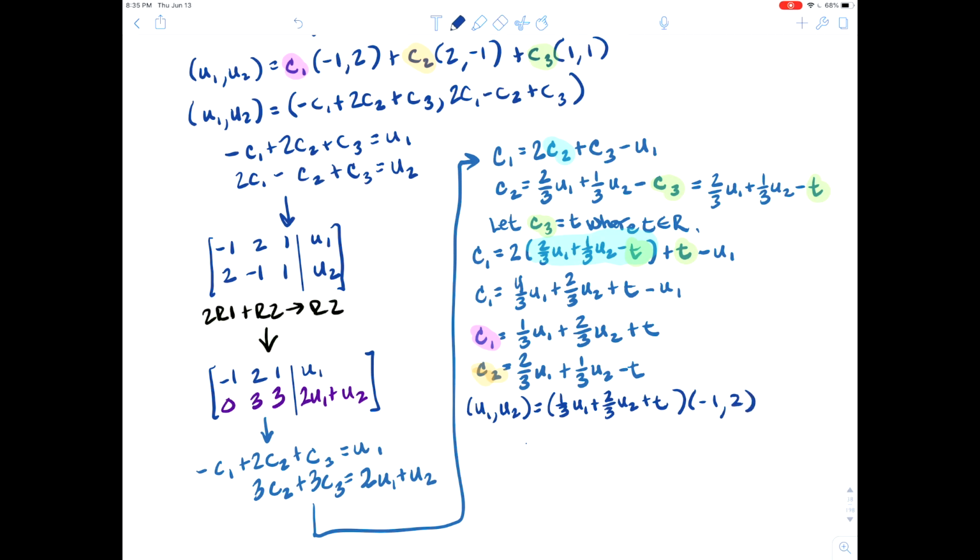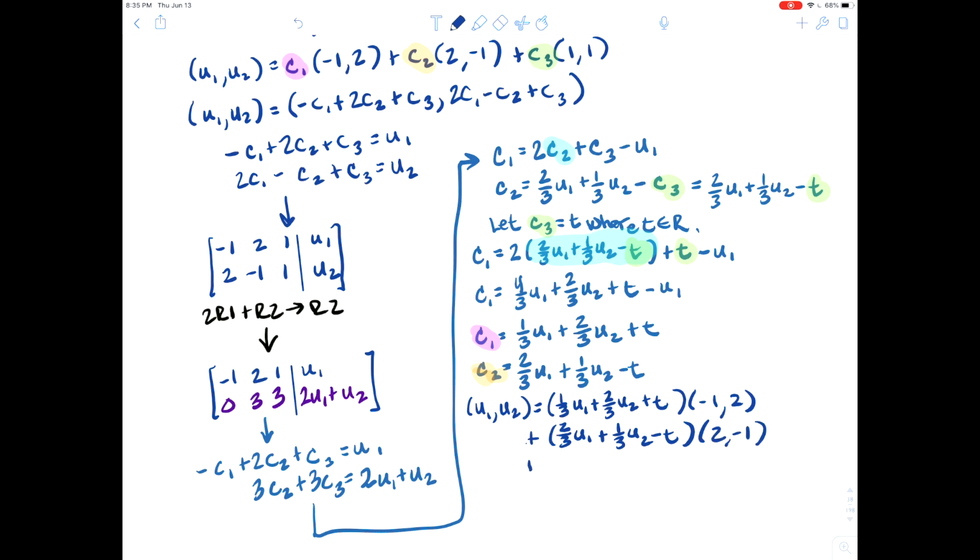And then we got plus C2, which is 2/3 U1 plus 1/3 U2 minus T times the vector 2, -1.